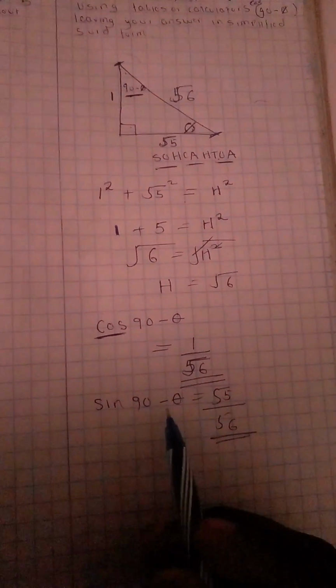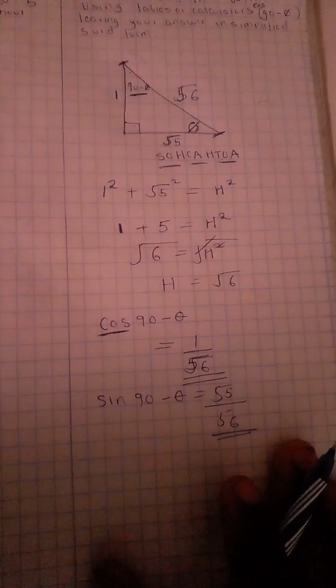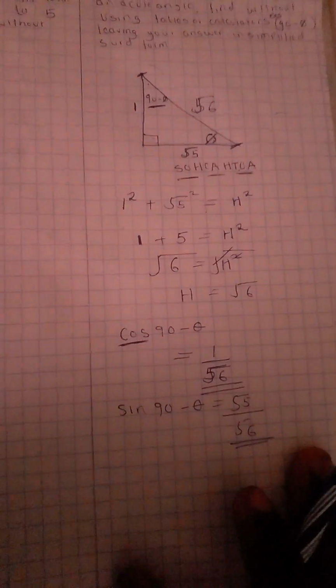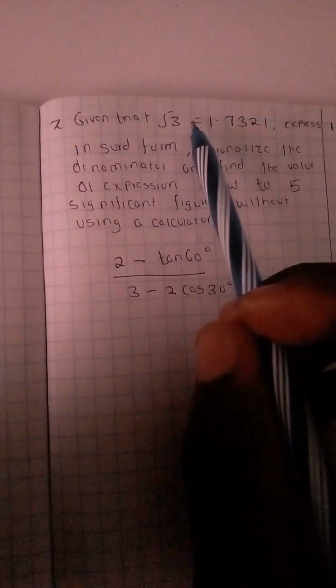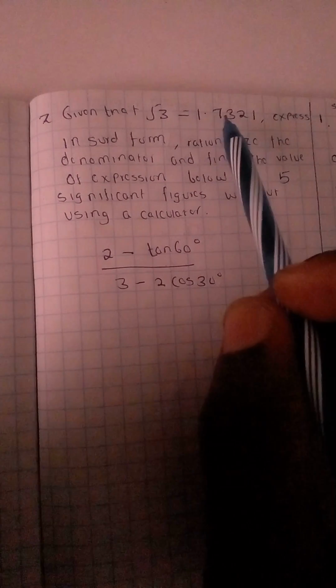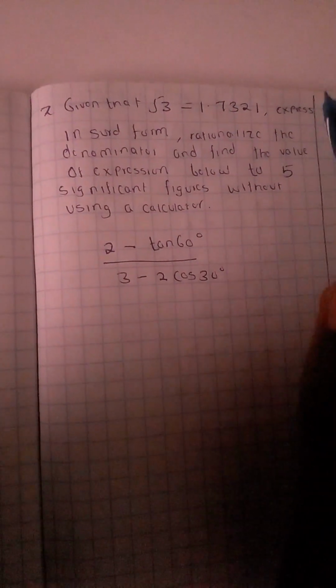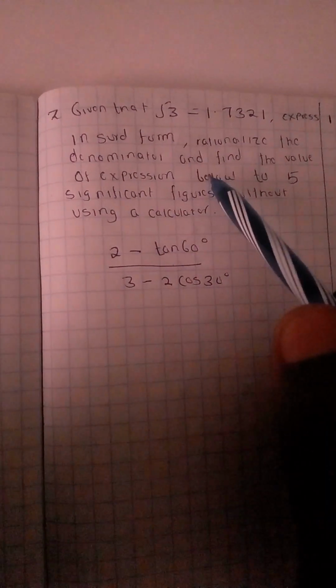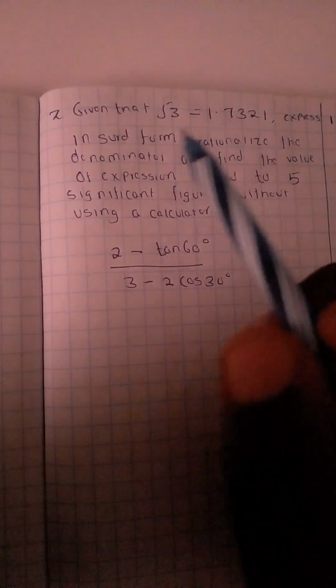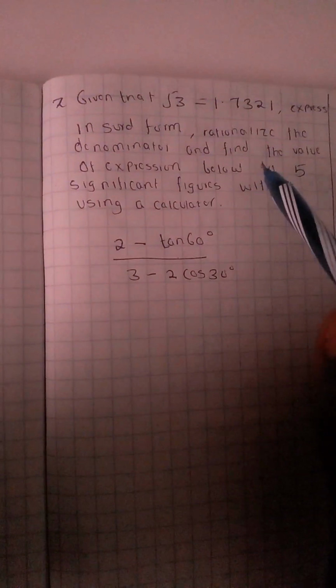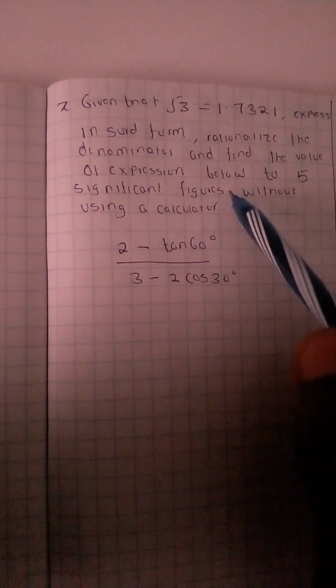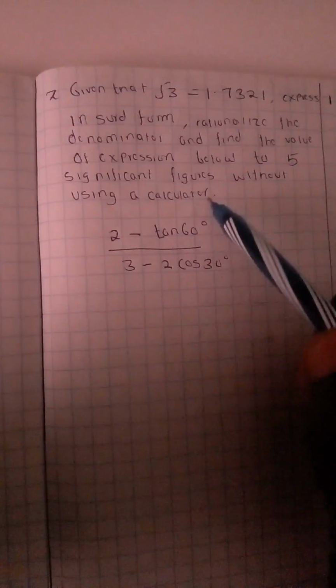Again, in simplifying the expression in surds, you can be given a question. We are told, given that root of 3 is 1.7321, express in surd form, rationalize the denominator, and find the value of the expression below to 5 significant figures without using a calculator.